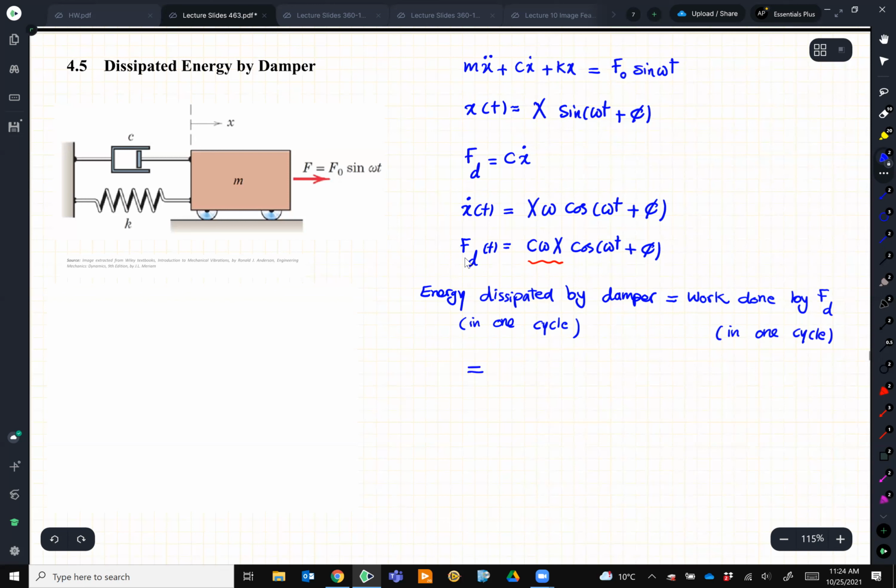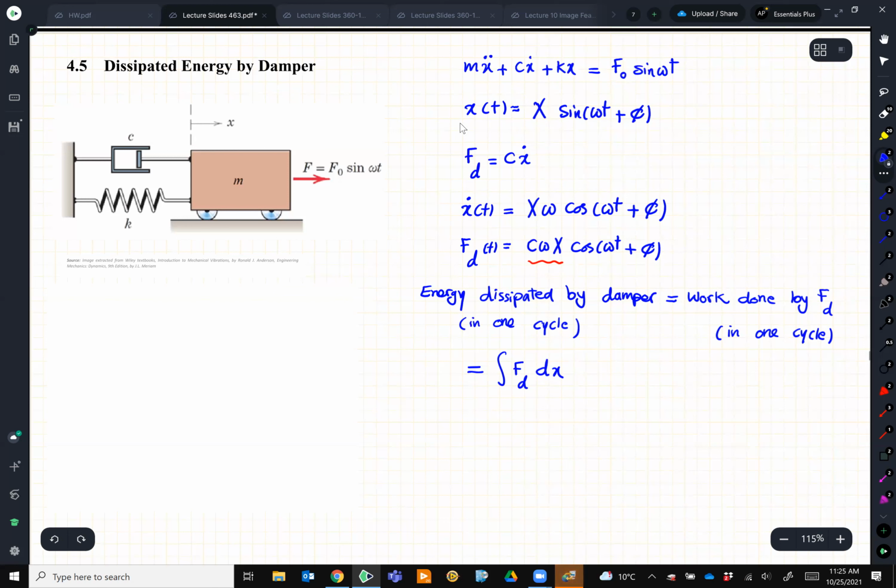Work is equal to force multiplied by displacement. Since F_D is not constant, I have to use an integral: F_D multiplied by dx, because at any point F_D is different. So one way is for me to solve this integral, but there is a better solution.